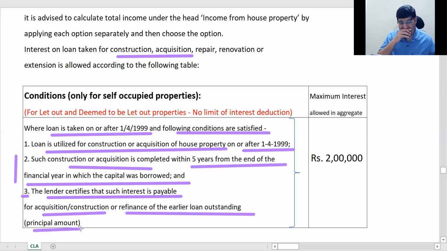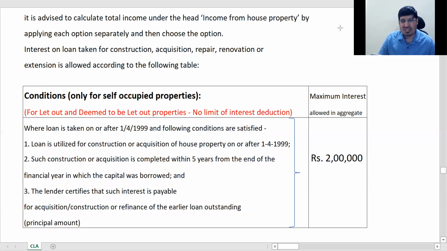Refinance part, because loan taken for interest, that is not deductible in any way. Okay. So if all these conditions are satisfied, then you get an interest of 2 lakhs. If any of this condition is not satisfied, this 2 lakh will get reduced to 30,000. That's all.